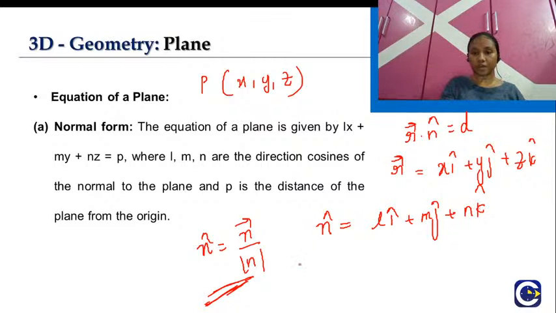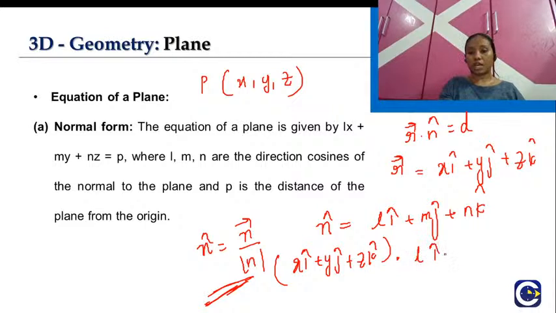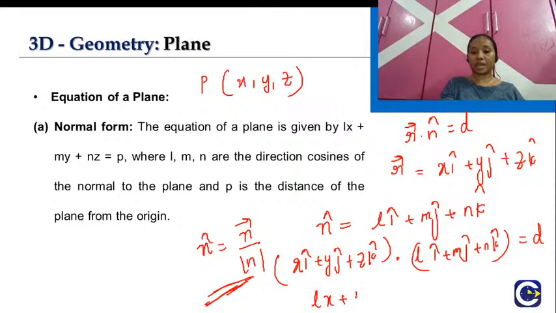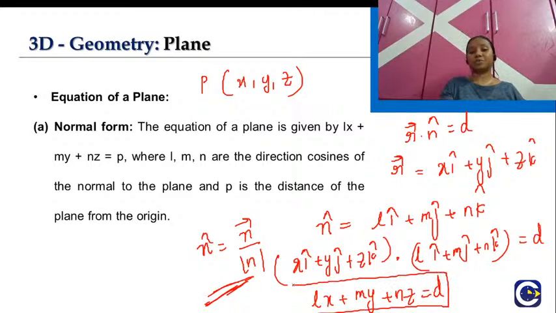In place of R bar, I can substitute xi plus yj plus zk. The dot product of this with Li plus Mj cap plus Nk cap is equal to the distance D. So it's simply a dot product. It will be Lx plus My plus Nz is equal to D.